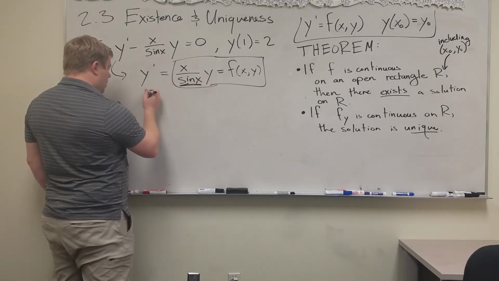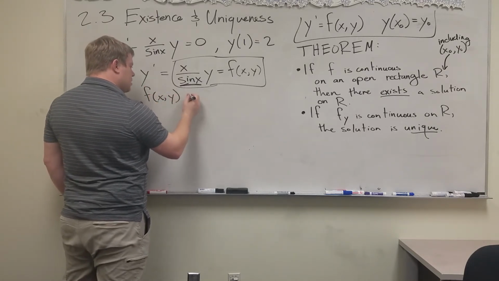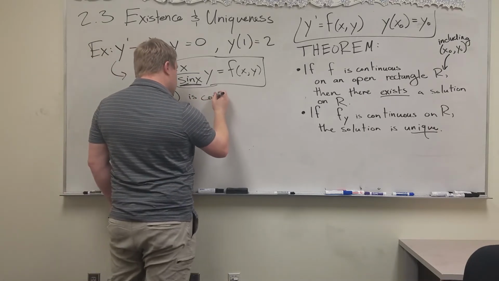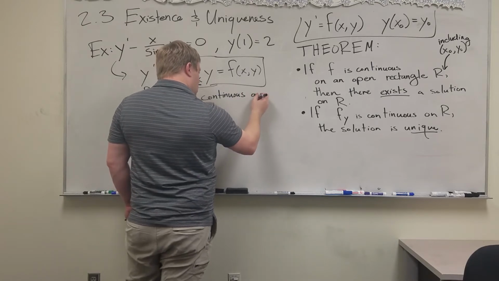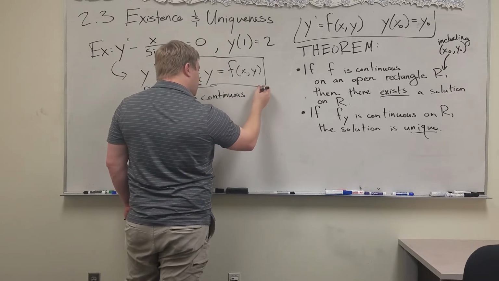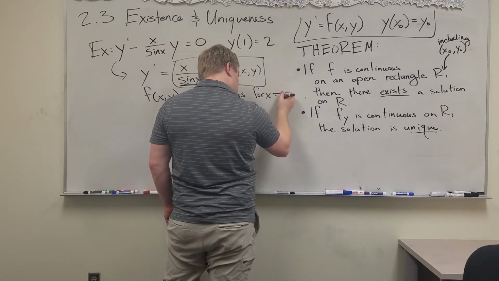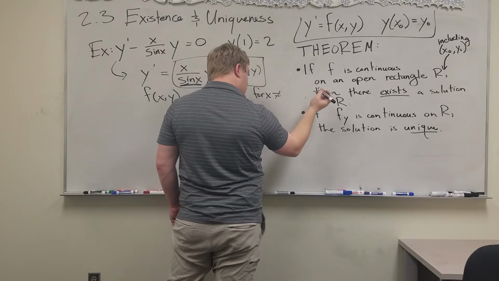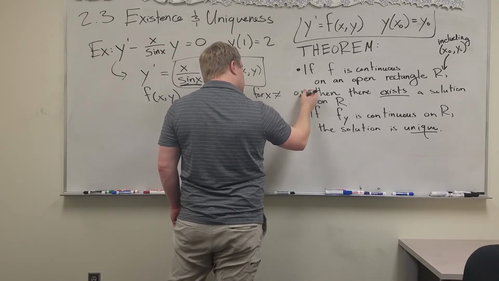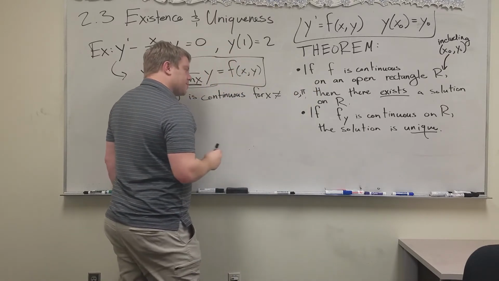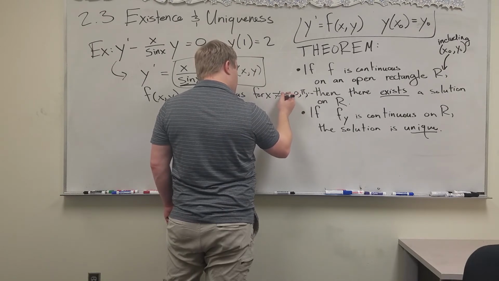So we can say that this is continuous for x not equal to 0, it can't be the next place that sine of x is 0, which is pi, and it can't be negative pi.